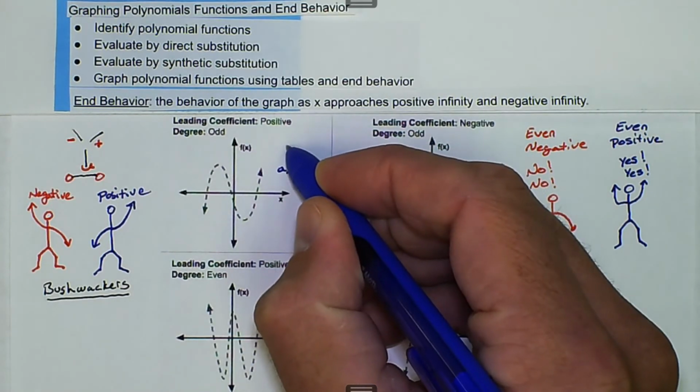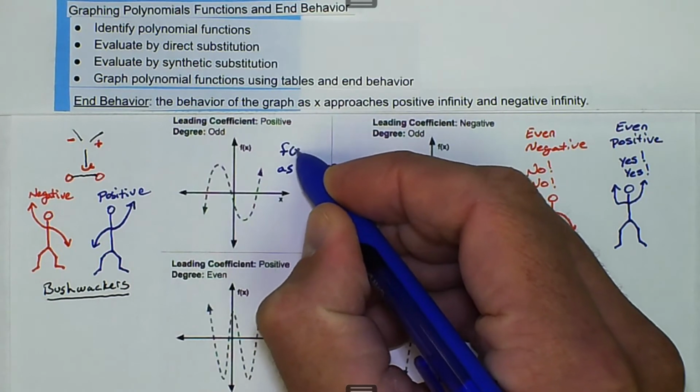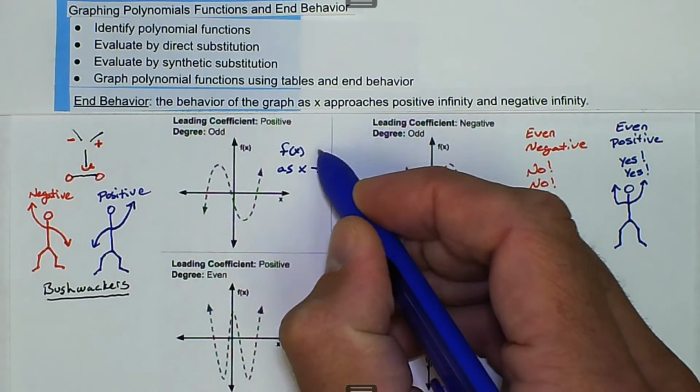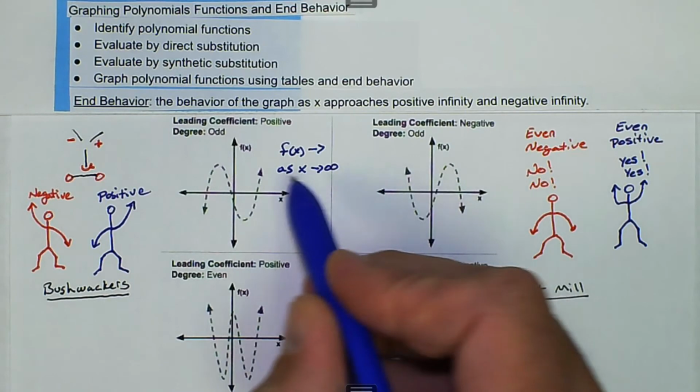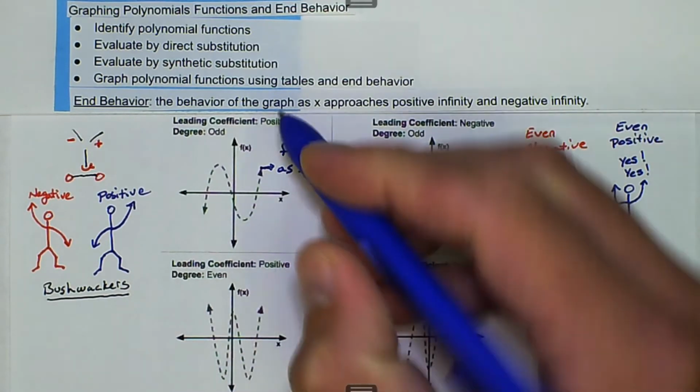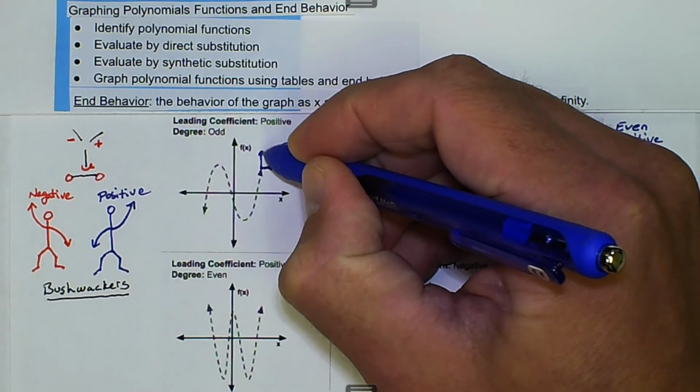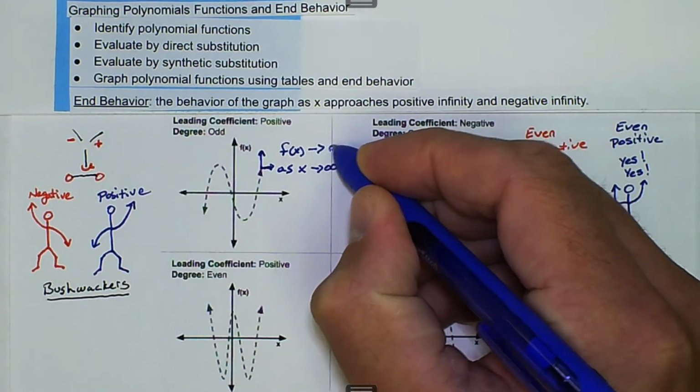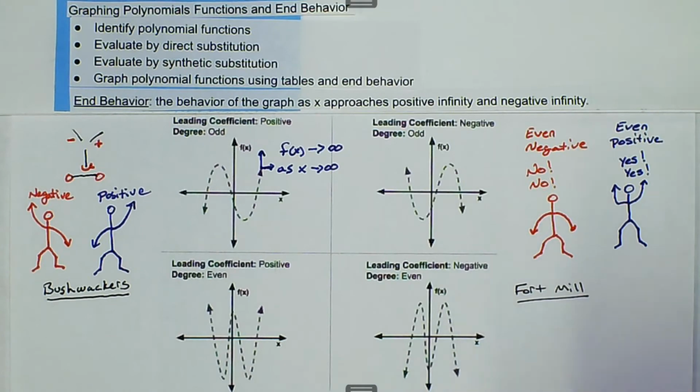In this case, we say the function, f of x, goes to what? As x goes to positive infinity, the function goes up. So the function also goes to positive infinity.